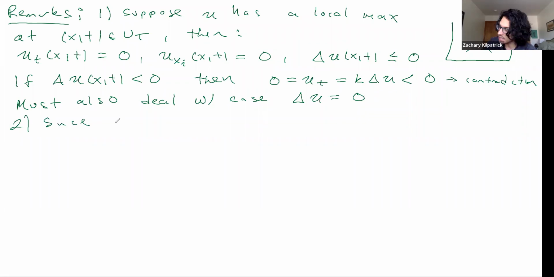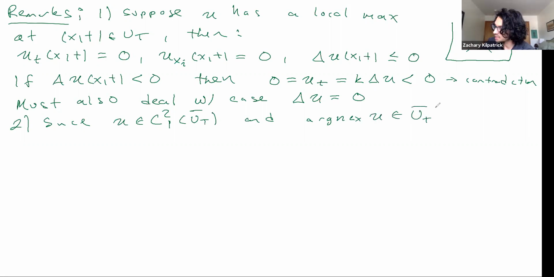The second thing is that u has the C2 property in the closure of U sub t, okay? And the argmax of u needs to be in the closure of U sub t.